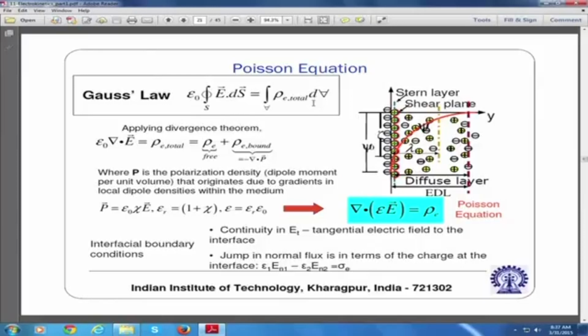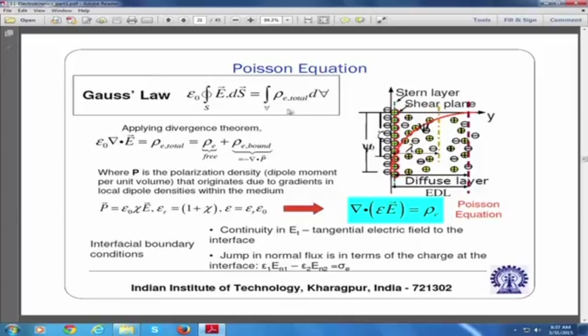I will tell you the physical interpretation of the Gauss law later on, when I have separate slides for the physical interpretations of all these laws, but first let us understand it in simple mathematical terms. Basically, this contour integral is equal to this volume integral.